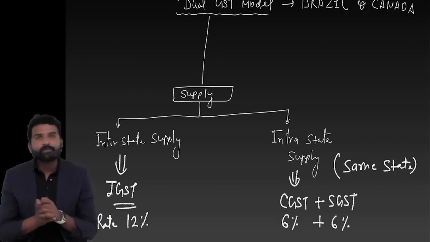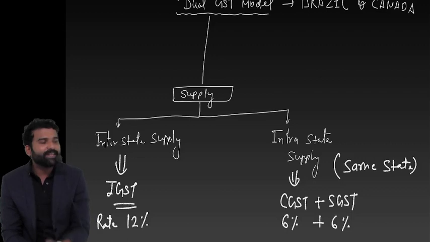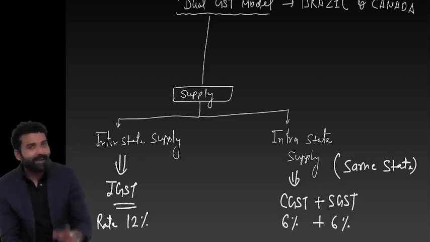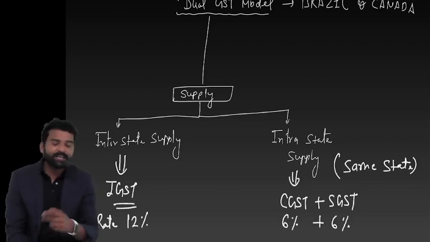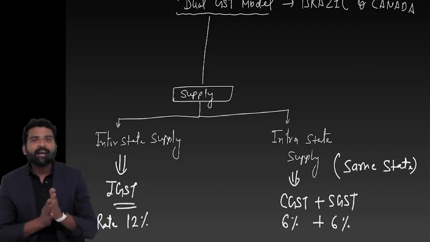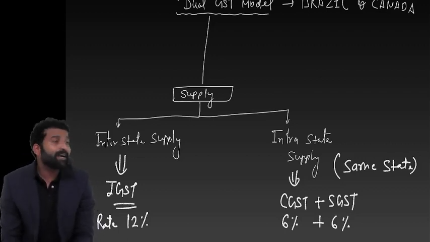It starts from 0%. Can you tell me what is the highest rate of GST right now levied in India? It is 28%. So CGST 14%, SGST 14%, and IGST will be 28%. But that is other than cess.